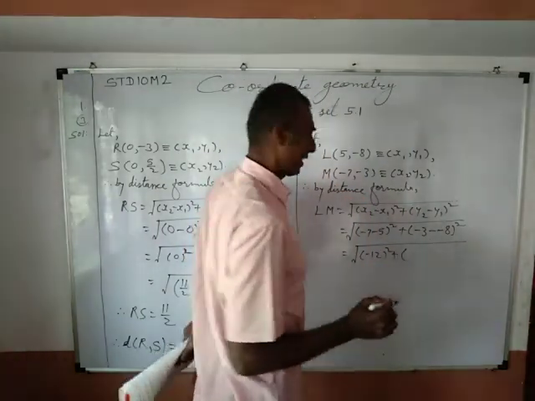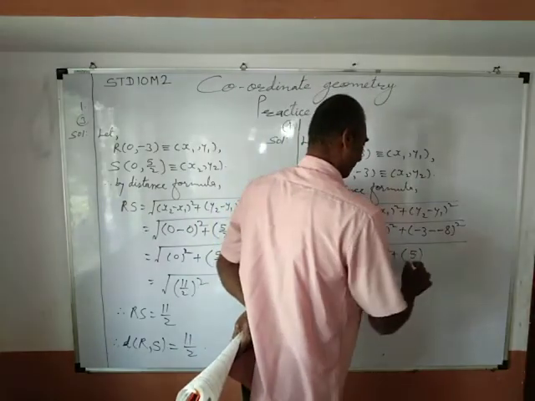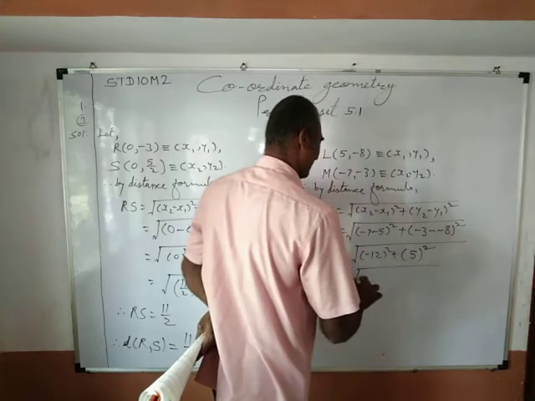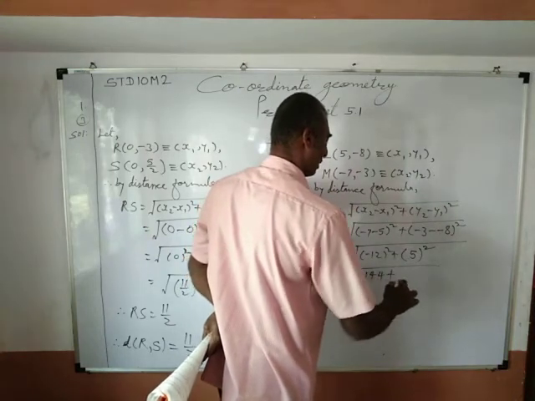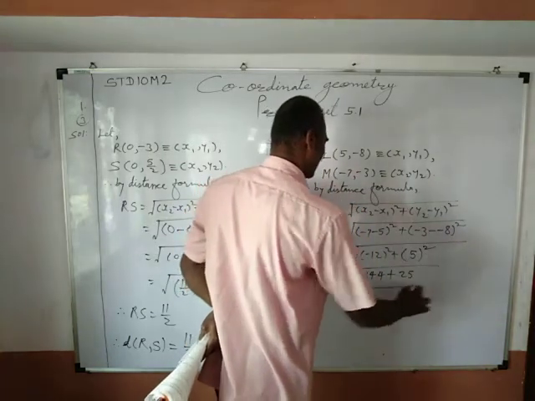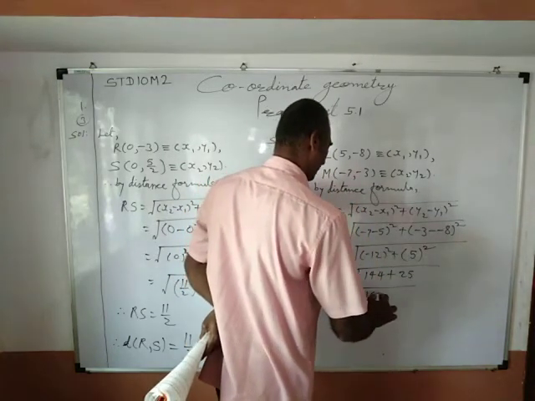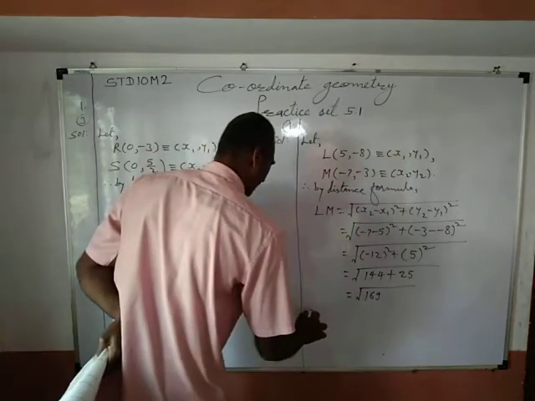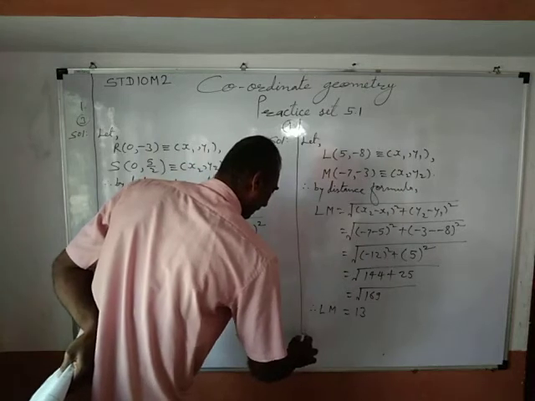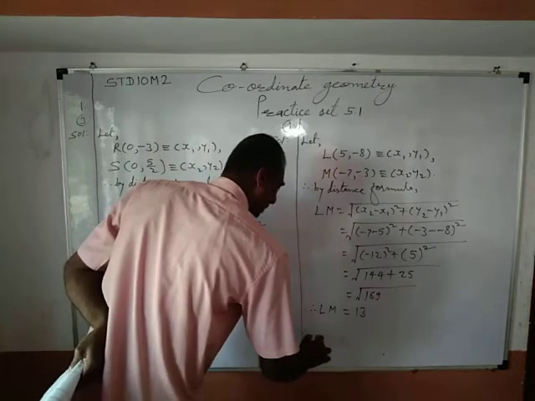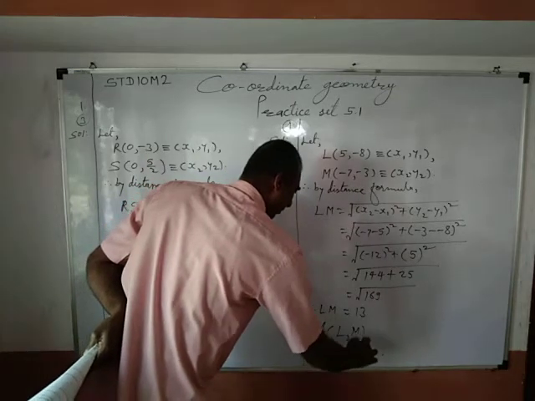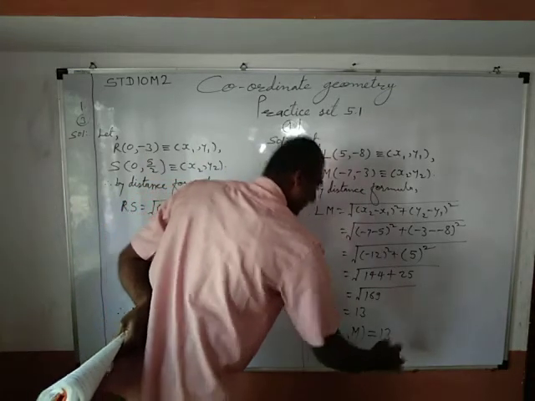Minus 3 plus 8 gives us plus 5, its square. Square of minus 12 is 144 plus square of 5 is 25, equals under root 169, and therefore LM equals 13, that is, distance between L and M is 13.